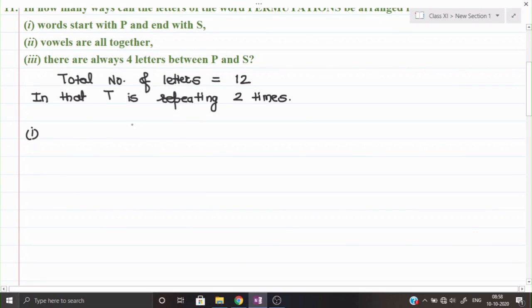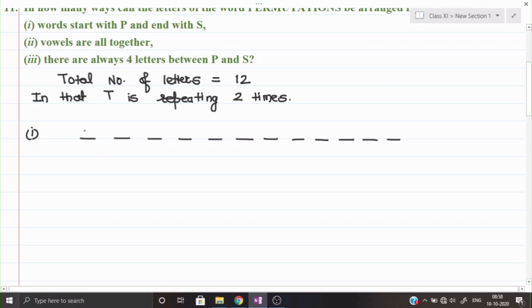So here, if I show you such a permutation, I will make first of all 12 places. How many have I made? 3, 5, 8 and 4 more. See, a total of 12 places I have taken here.